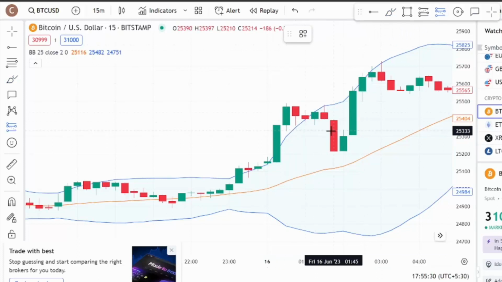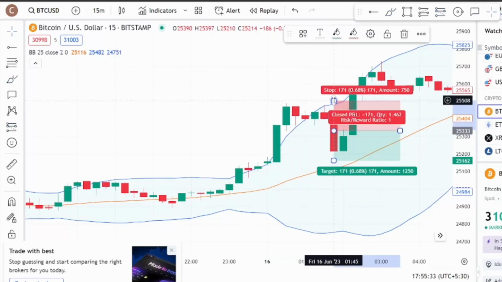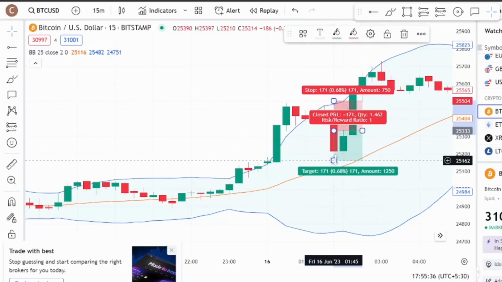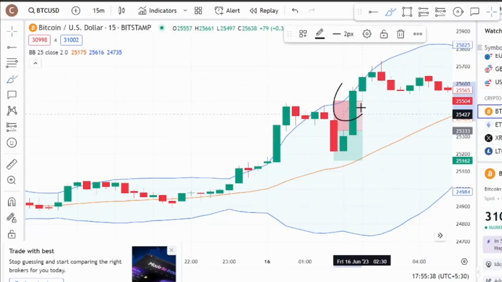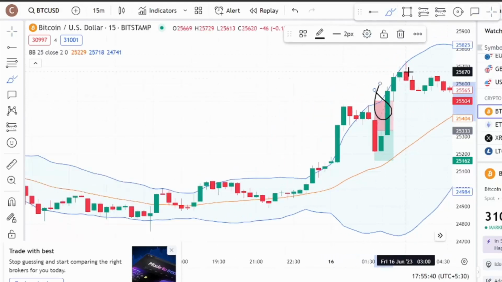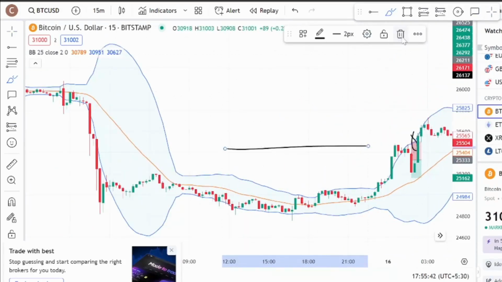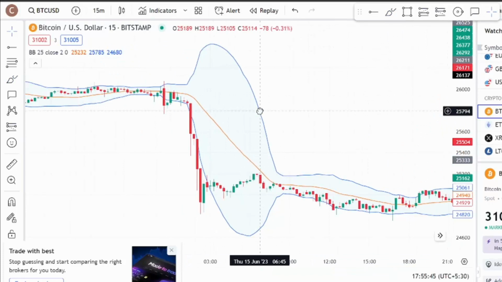Its low gets broken here, and here is our entry. Stop loss will be on the top of the candle, and it hit our stop loss. Now we have 7 win trades and 2 stop loss.